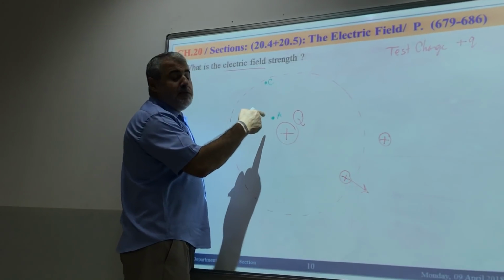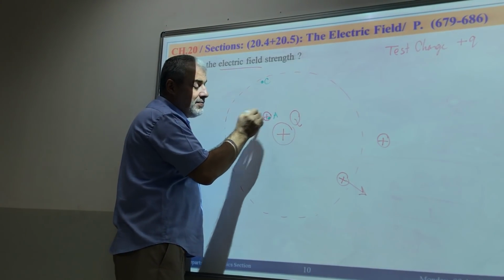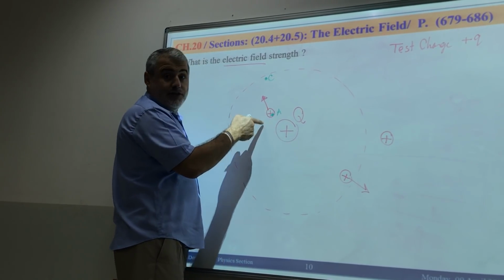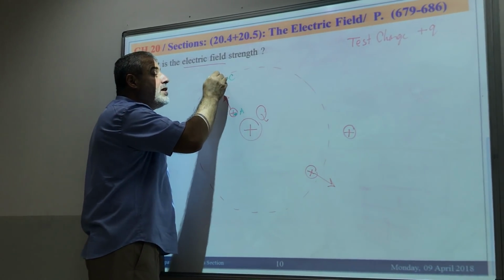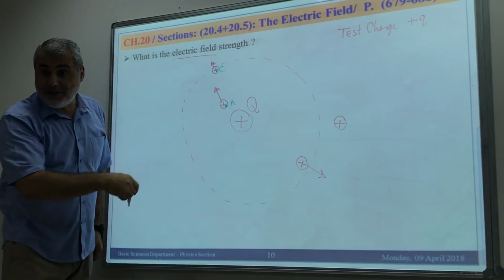Okay? So what do you see? Shabab, what is different between A, B, and C here? If you assume that there is a positive charge at A, how much force of repulsion? It will be a large force. If you put a positive charge at C, the force of repulsion will be less due to the separation, right?